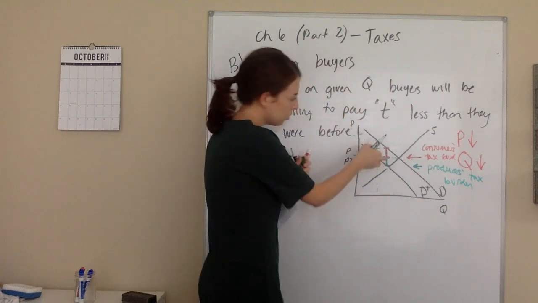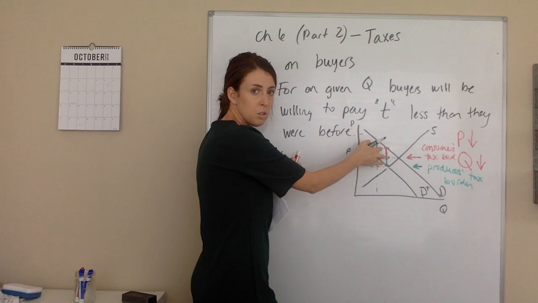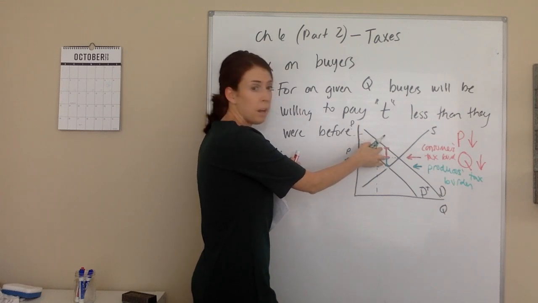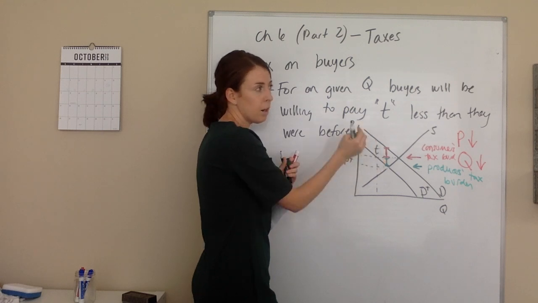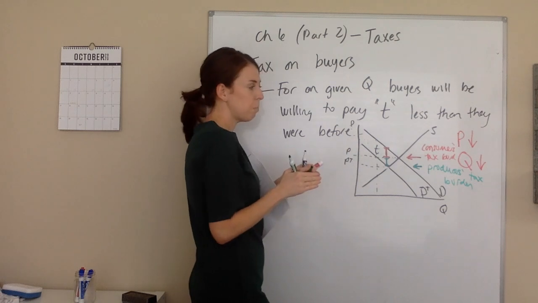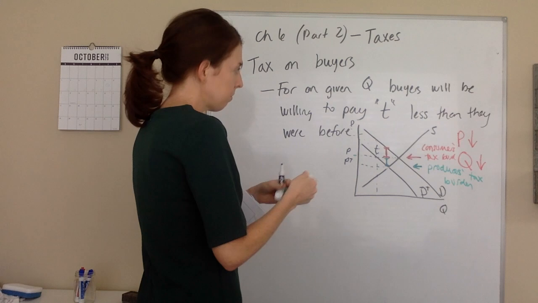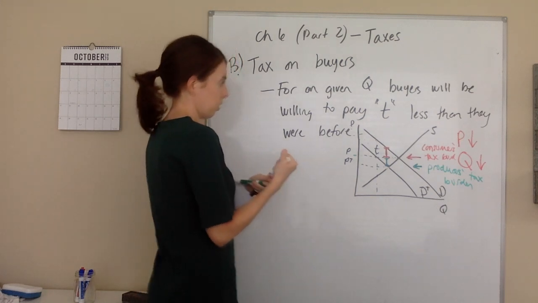And so these two little legs, when you add them together, the summation of those two things needs to be exactly equal to the amount of the tax. But the reason I point this out is because this demonstrates that even when the government imposes a tax on one side of the market, it's both sides of the market that are hurt. So, first of all, consumers are worse off.